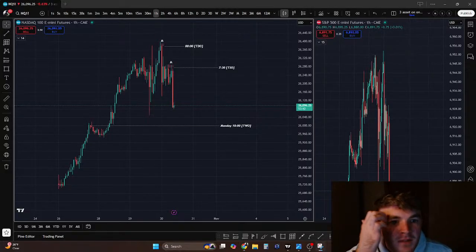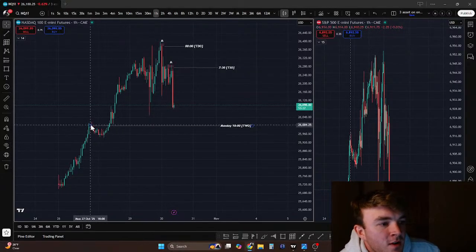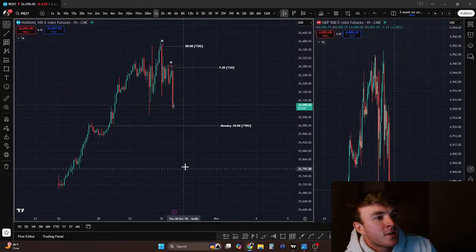The open of the CRT candle on S&P is also the true open. Dang, yeah. So that very well could be a draw on liquidity.